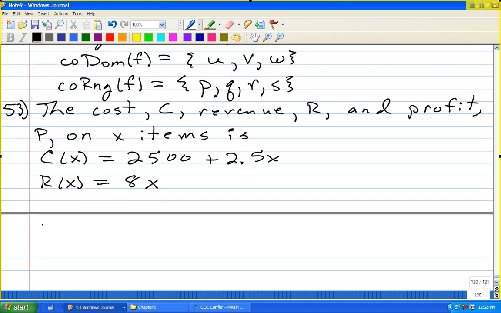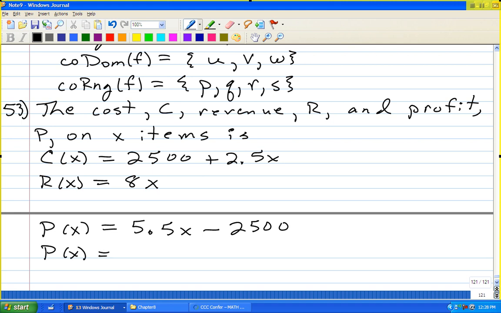And P of x is equal to 5.5x minus 2500. So I should note here that the profit is just the revenue minus the cost.